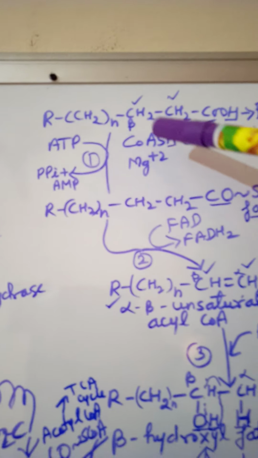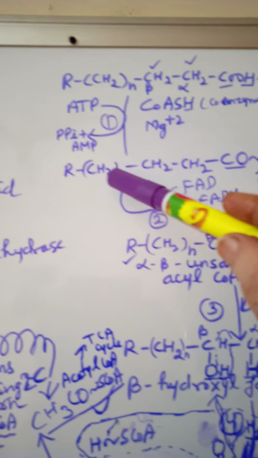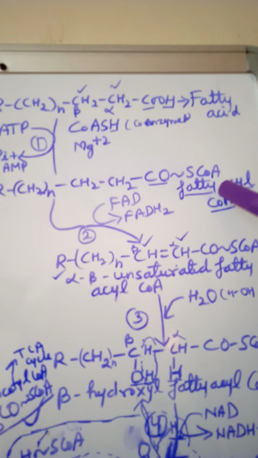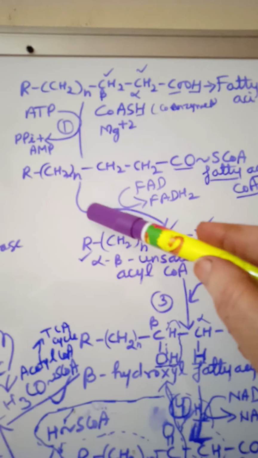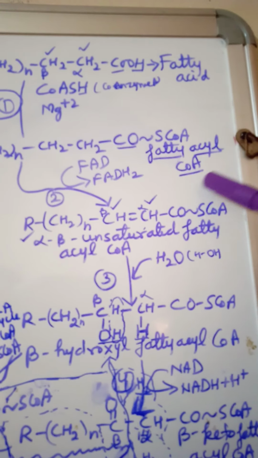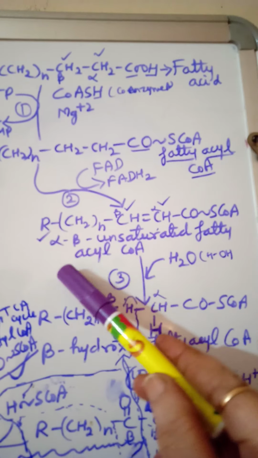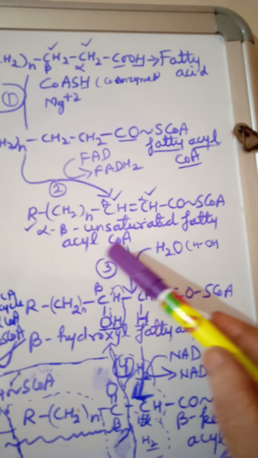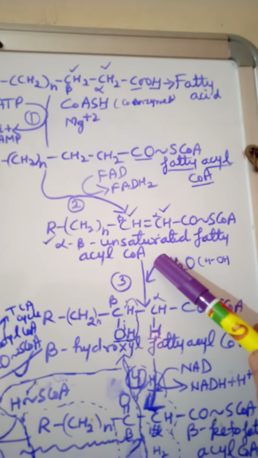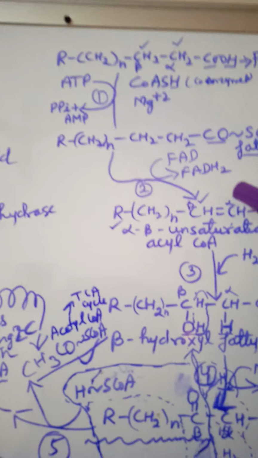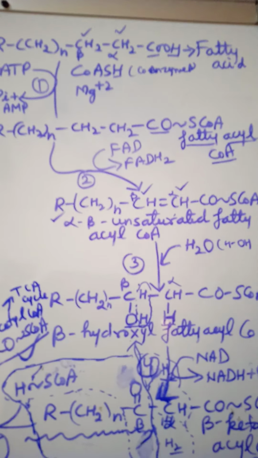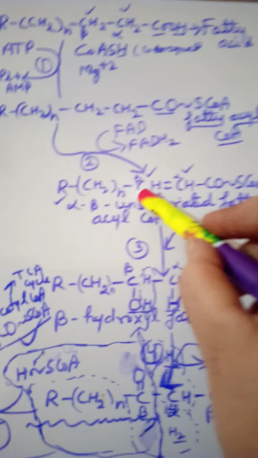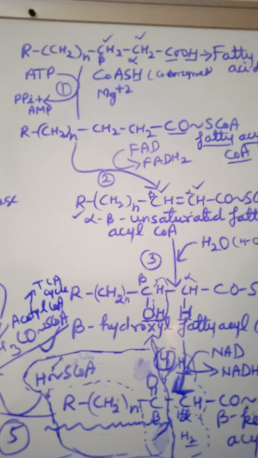After the first step, this fatty acid is converted into fatty acyl coenzyme A derivative, and during the second step this fatty acyl coenzyme A derivative is converted into alpha and beta unsaturated fatty acyl coenzyme A. This step is what? Dehydrogenation.